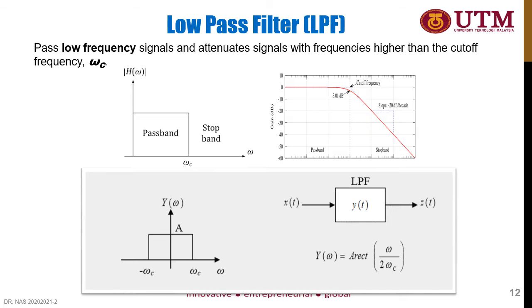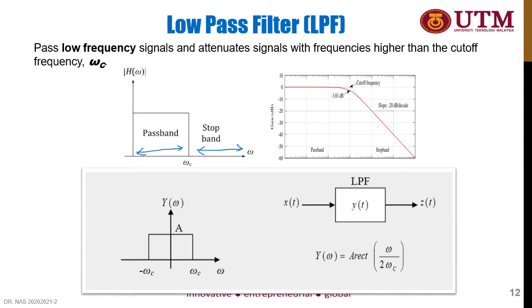The lower frequency component that will be selected is included within the passband area, and the unwanted signal that will be removed lies within the stop band area. Okay, so this is how the frequency response of a low pass filter looks.